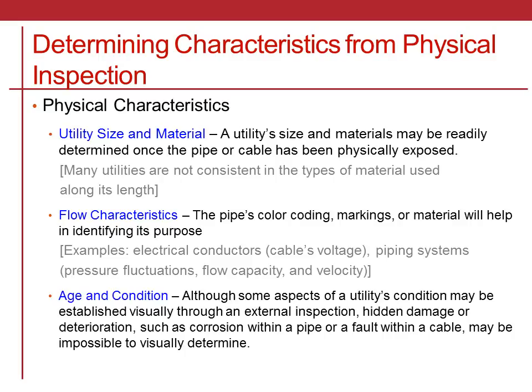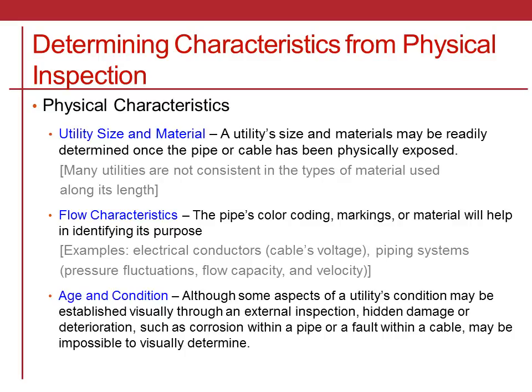As well as general characteristics, physical characteristics can also provide important information to characterize underground utilities. There are three categories for determining physical characteristics. First, utility size and material. Second, floor characteristic.